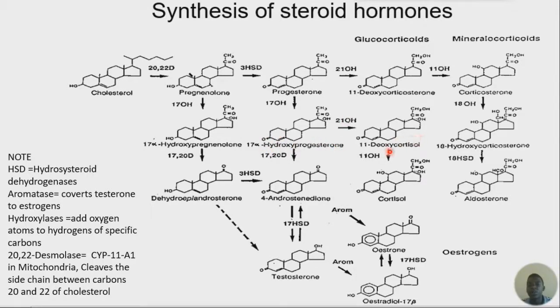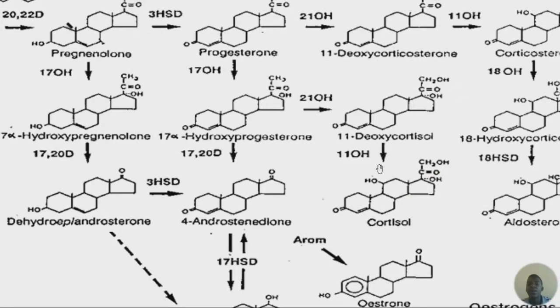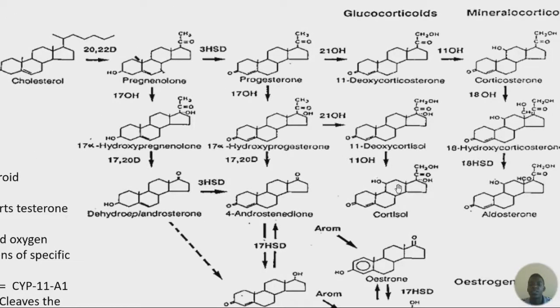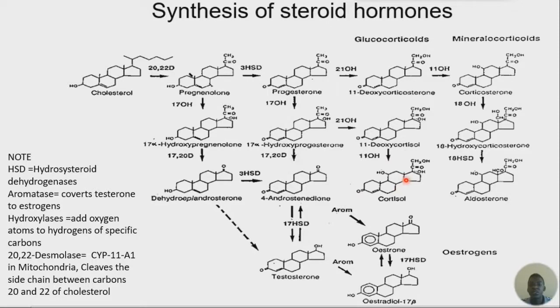So here you form deoxycortisol, and you end up having cortisol. So this is the cortisol. It has a hydroxyl group here, a ketone. It has several hydroxyl groups, 11. Okay, so that is cortisol.